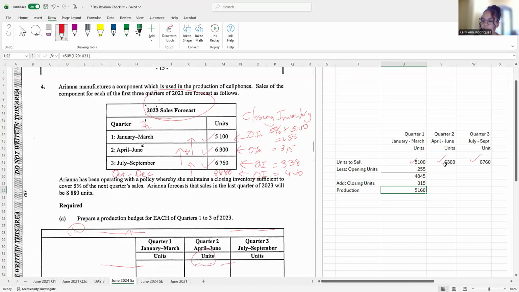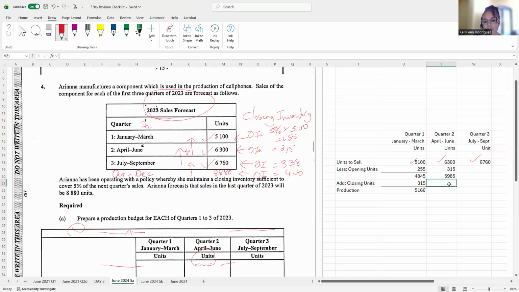So for the second quarter, we know the sales. But do we know the opening inventory? Yes, we already calculated here, because the closing inventory in one period will be the opening inventory in the next. So that is 315. What do we do to get the value? We minus. So the sales minus the opening inventory will give us what the production units would have been if we didn't have to have a closing inventory.